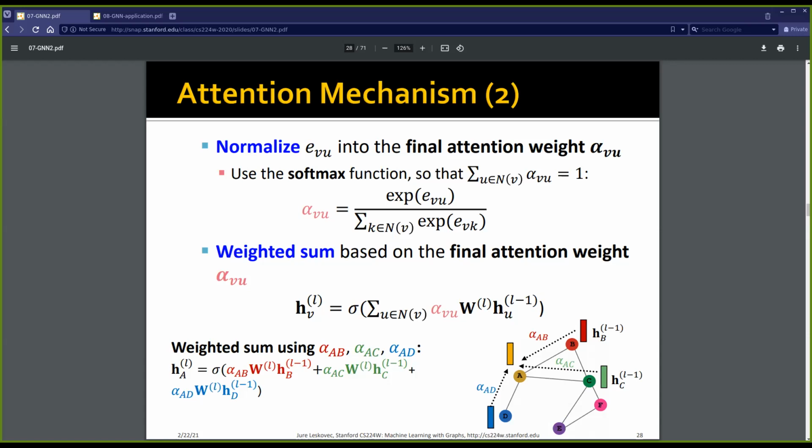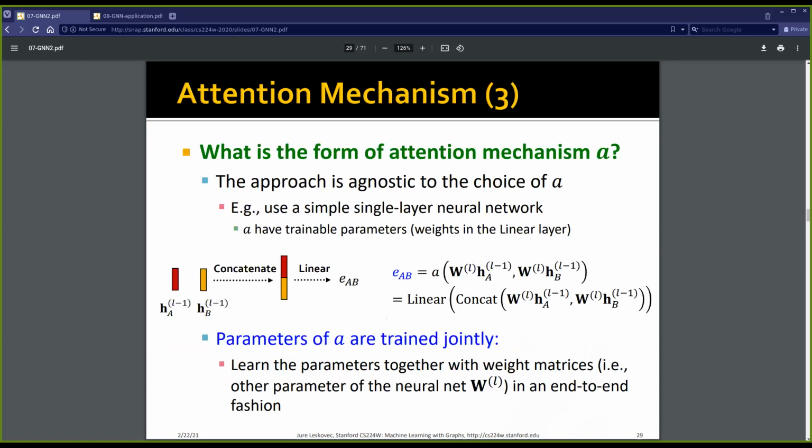And then we substitute them back into the original equation. And how can we compute this attention score? We can simply take the transformations of the node representations, concatenate them, and then pass them through a single linear layer. And that is everything we need to do.